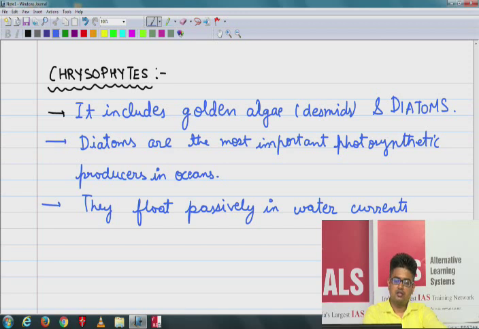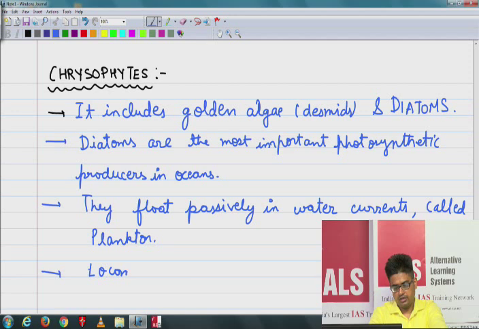Alright? So if they are floating passively, that means they do not have any locomotory organelle. Called plankton, and locomotory organelles are absent.